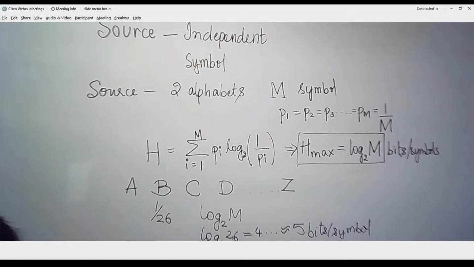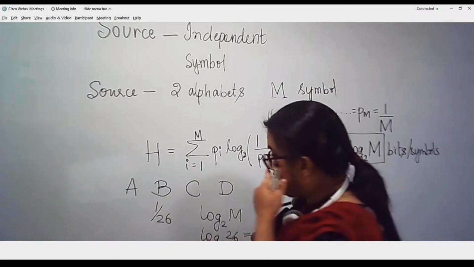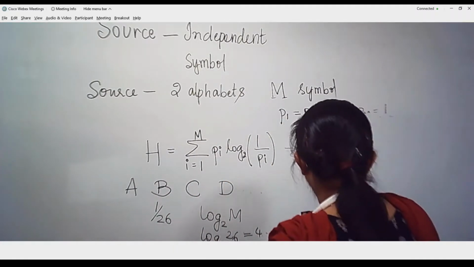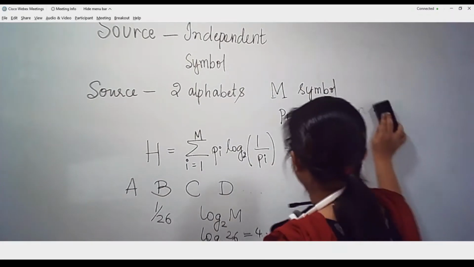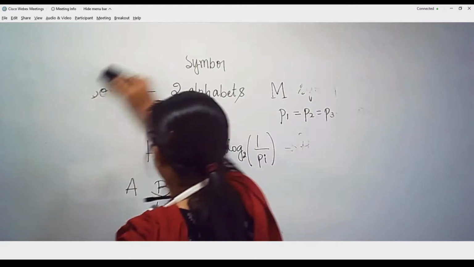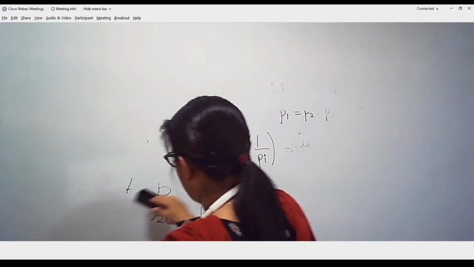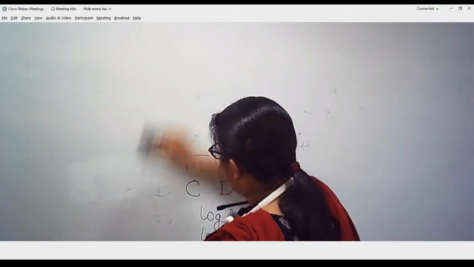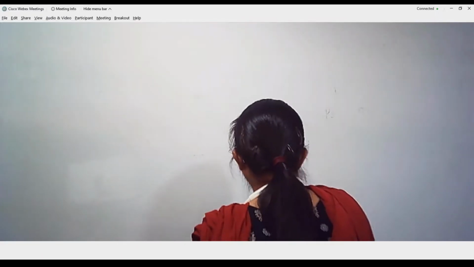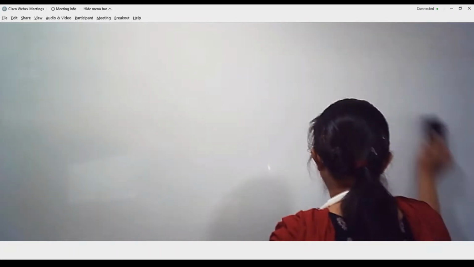But now we will arrive at a scenario. Usually, even though I took an example of ABCD, in general, whenever I want to send an English sentence, or any finite set, let us assume I have a finite set of alphabets. If I want to generate a message, it will not always be independent, rather it is going to be a dependent scenario.